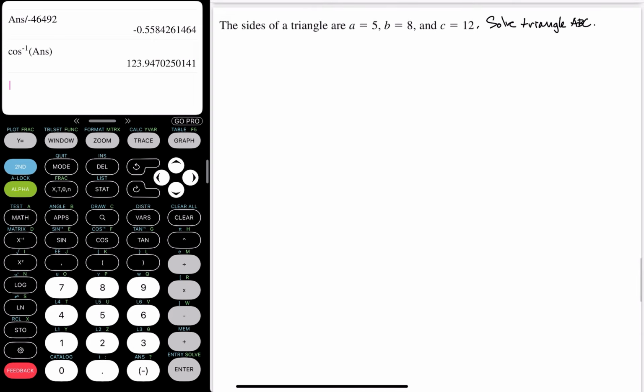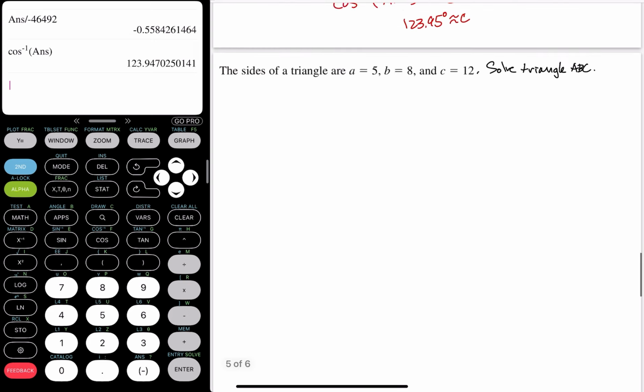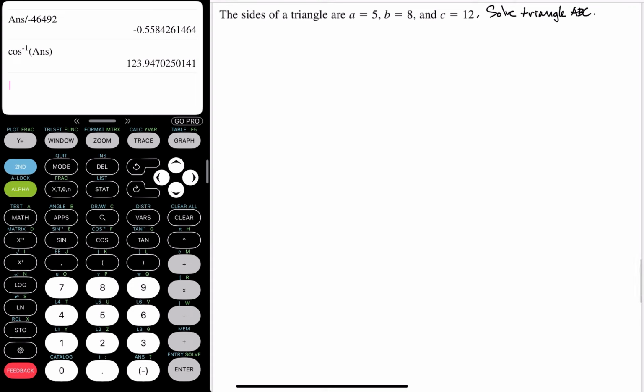So first, imagine, let's do this one first. Imagine the sides of a triangle are 5, 8, and 12. So A is 5, so this must be A. B is 8, so this must be big B. And C is 12.